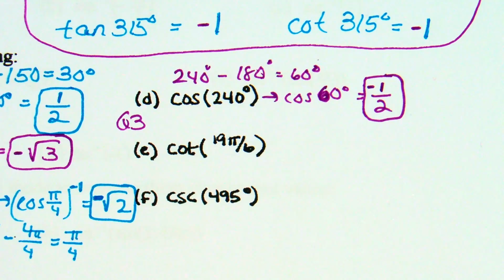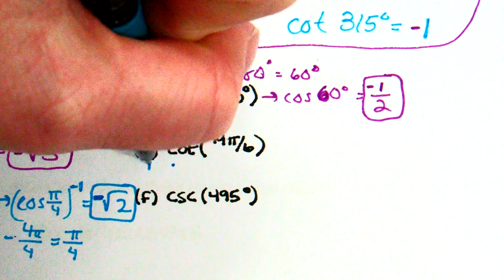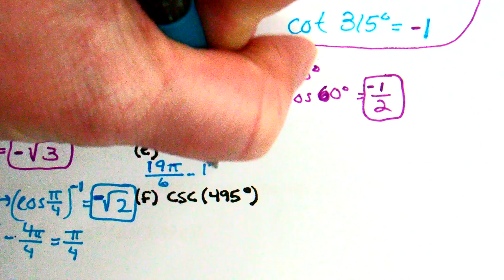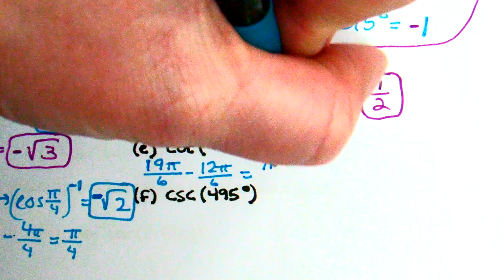So what should I do? Yeah, subtract off of 2 pi so we can figure out where it is the first time around the circle. So 19 pi over 6 minus 12 pi over 6. Does that get me somewhere? 19 minus 12 is 7 pi over 6. Okay, I can handle that.